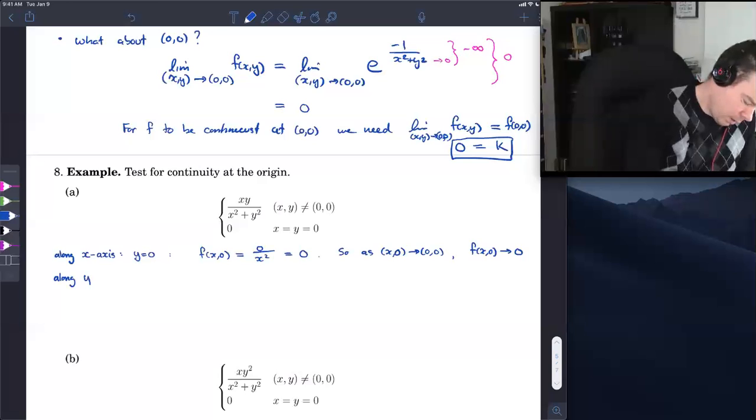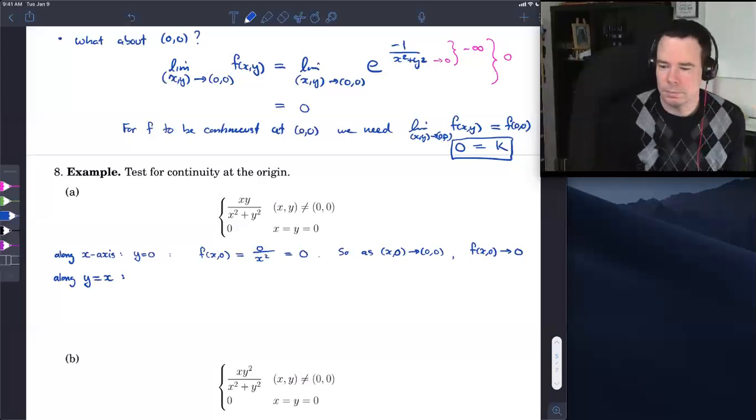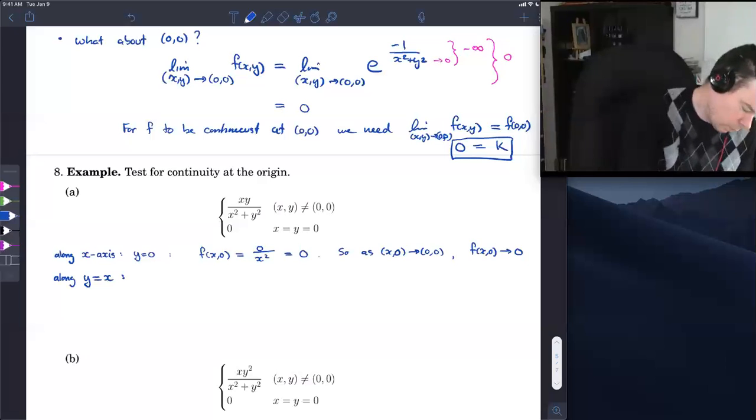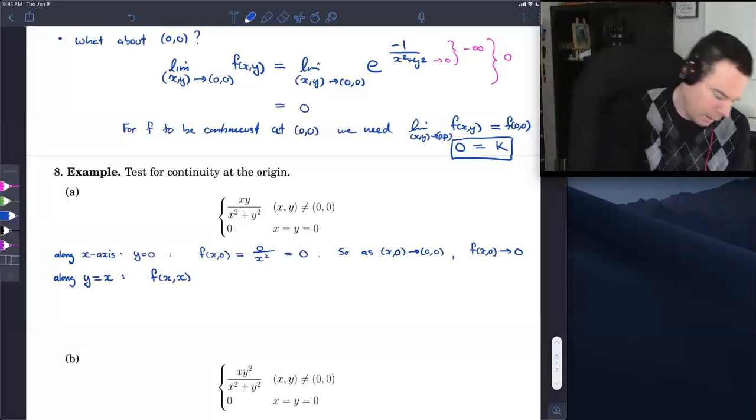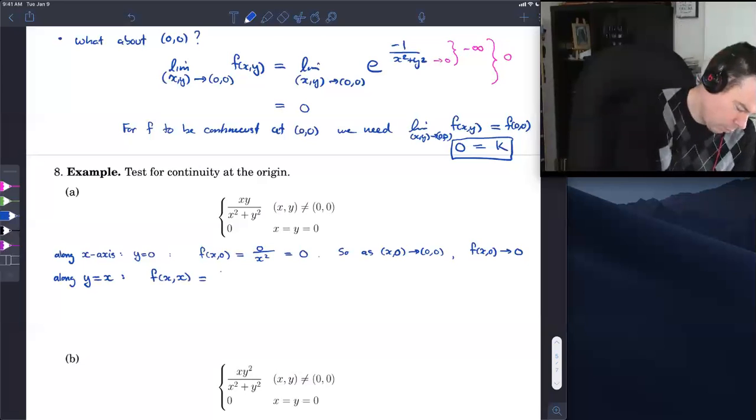Let's try along the line y equals x. So along the line y equals x, my function value is going to be f of (x, x), or in other words, x squared over x squared plus x squared, which is x squared over 2x squared, or 1/2.